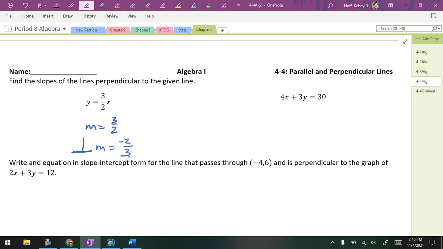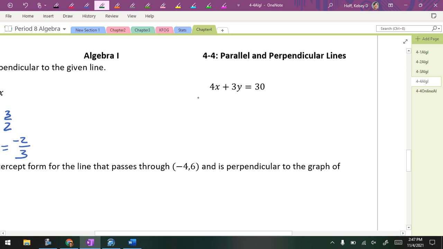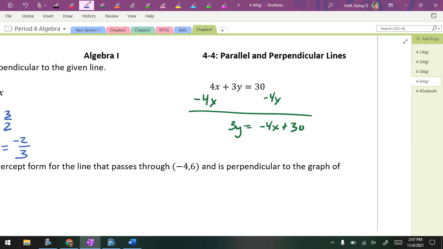Okay, so 4x plus 3y equals 30. First, I got to know the slope. So what do I do first? Subtract 4x. Oh man, I'm tired. 3y equals negative 4x plus 30. Divide by 3.